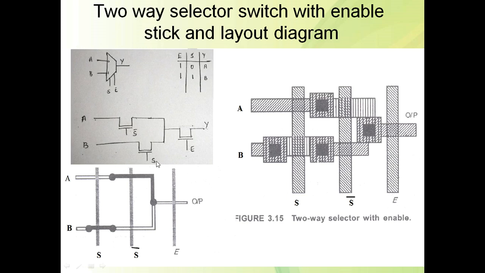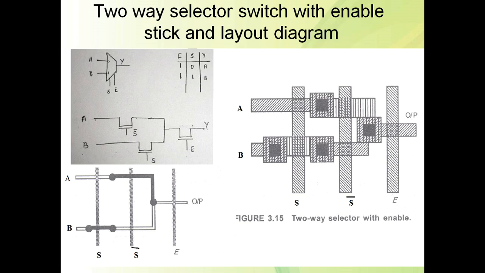When select line S is equal to 0, this transistor will be active, and when the chip is selected, Y is equal to A. At that time this transistor is not active. When S is equal to 1, S bar is equal to 0, this will be inactive and this will be active, and enable is equal to 1, this is active, and therefore Y is equal to B. So how to draw the stick diagram for this?